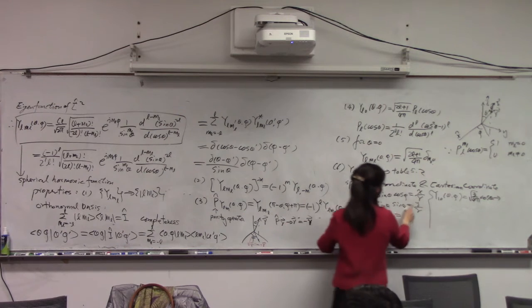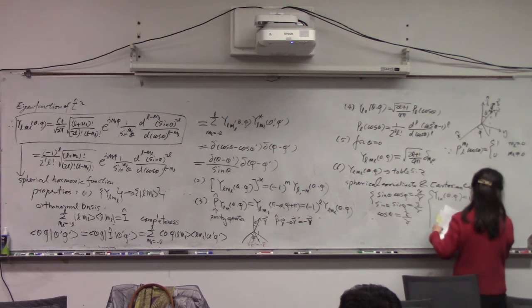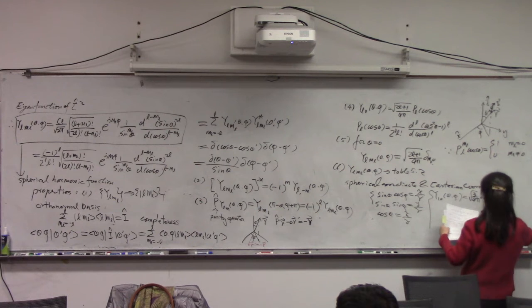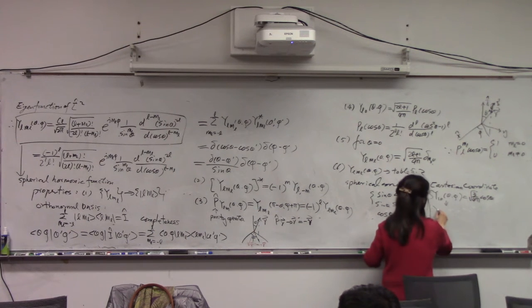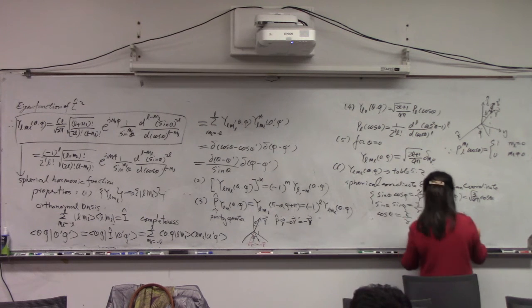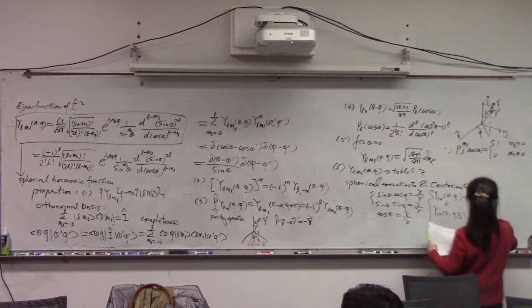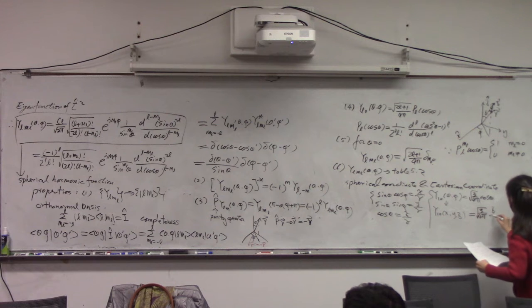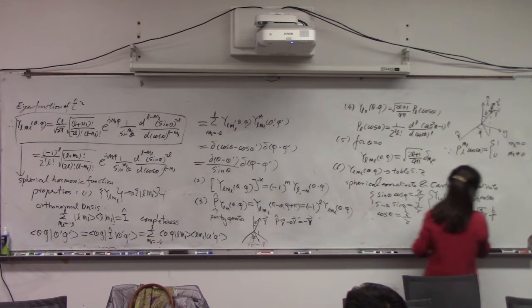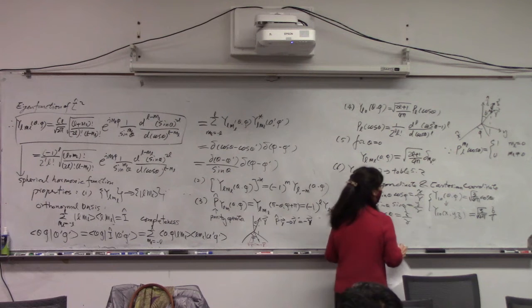Then in terms of x, y, z, in the Cartesian space instead of theta and phi, that is square root of 3 over 4 pi, and I replace cosine theta by z over r. So now it's only a function of z. That is the first one. So there are two forms: one is spherical, another is Cartesian.